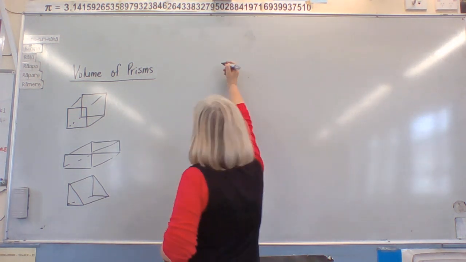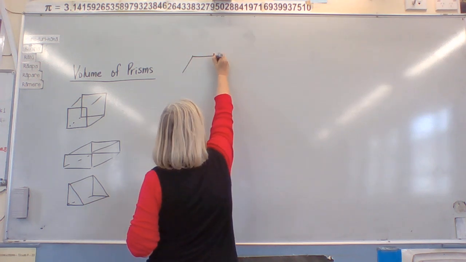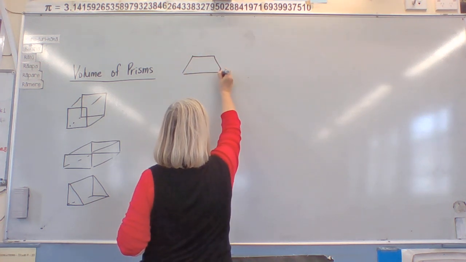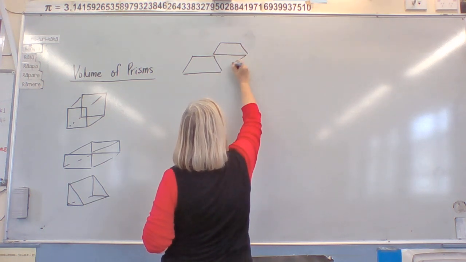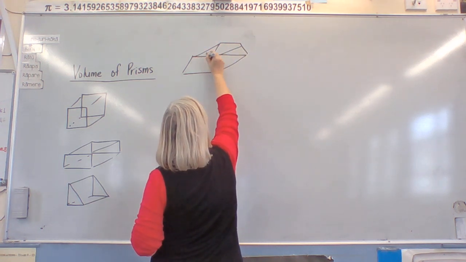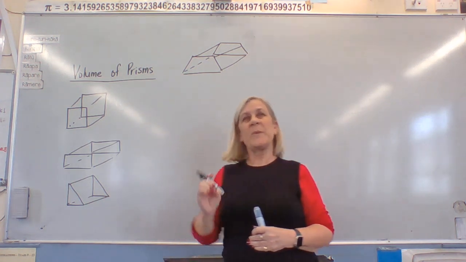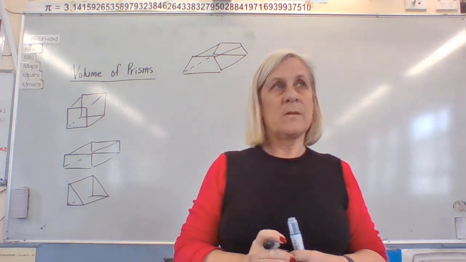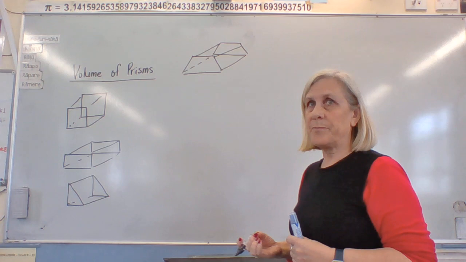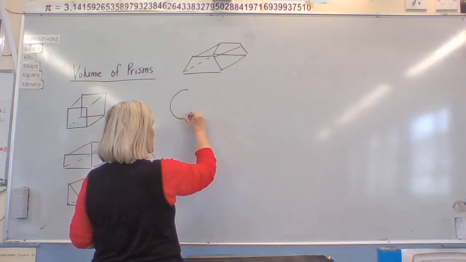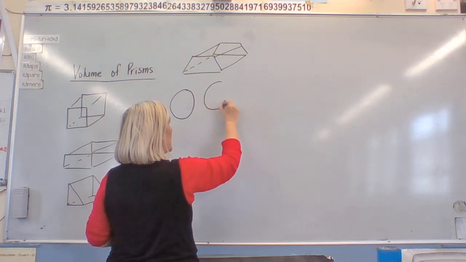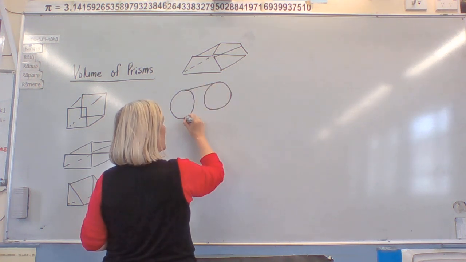All right? We can have a trapezoid or a trapezium prism. Okay? And then this one is a circular prism, but we call it a cylinder.